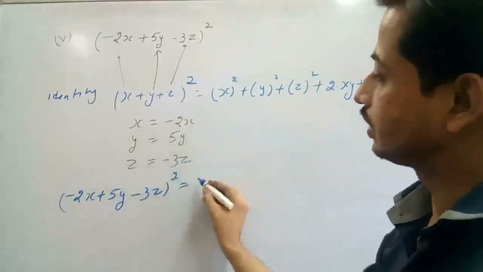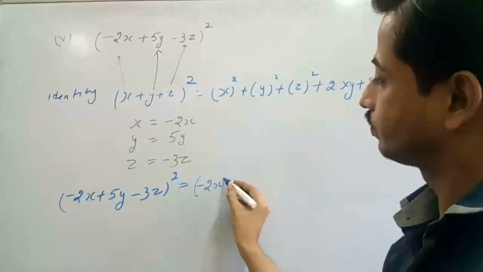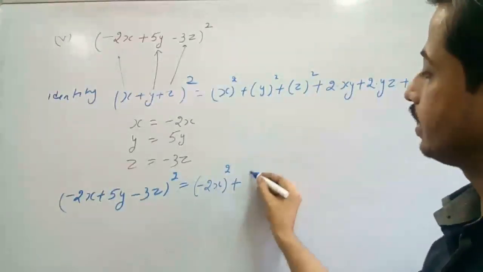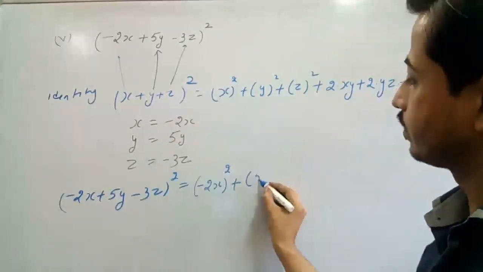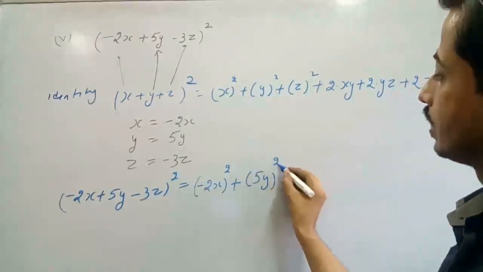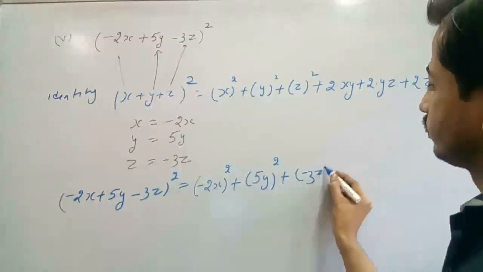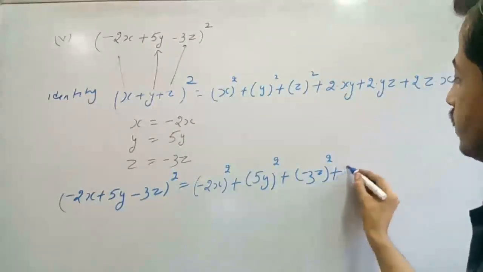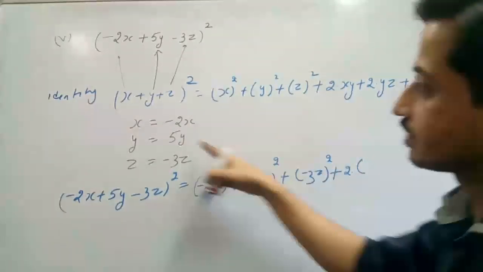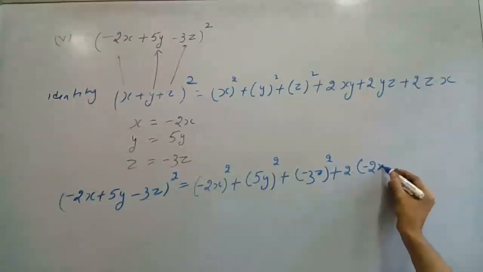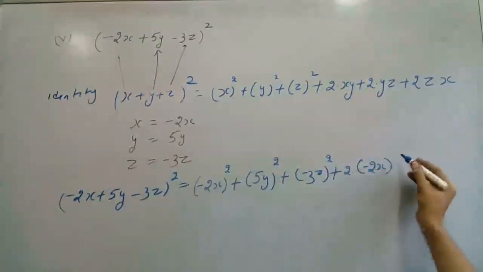X is minus 2x. Y is what? 5y. Plus z is what? Minus 3z. Plus 2 multiply x is minus 2x. Y is what? 5y.